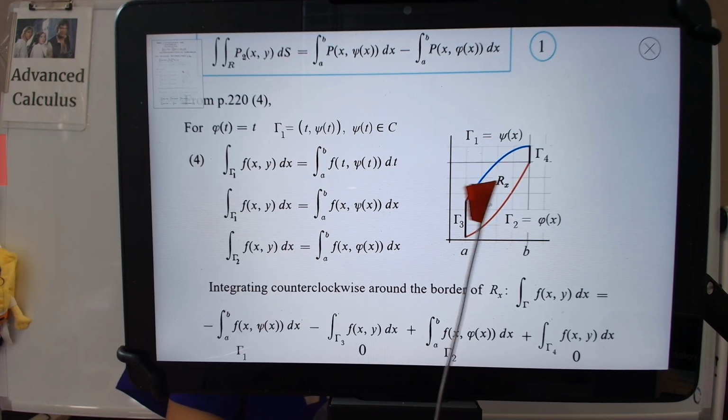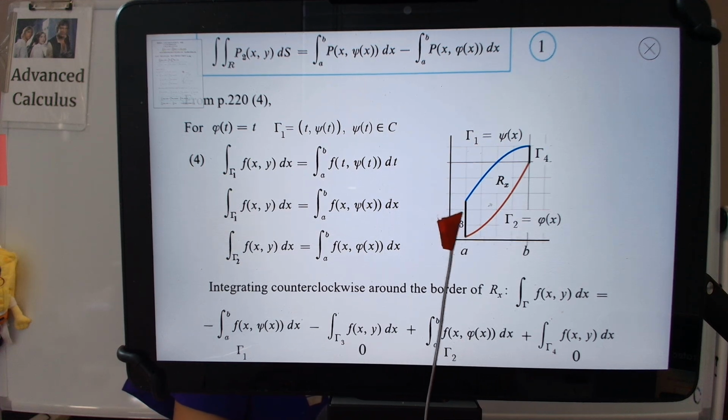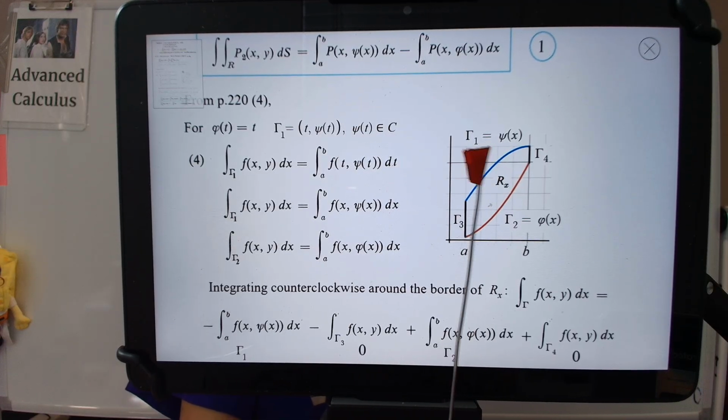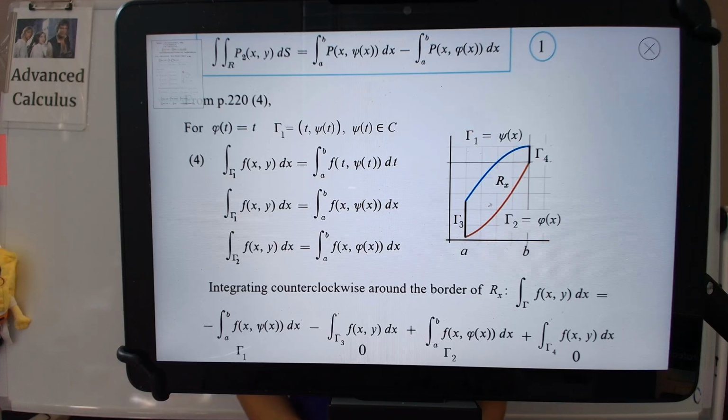In the graph, I graphed a sample here. The graph is the blue line. It goes from this point down here to this point up here, something I made up. This is gamma 1, only the blue part, that is the psi of x, and that is where our definition makes sense.